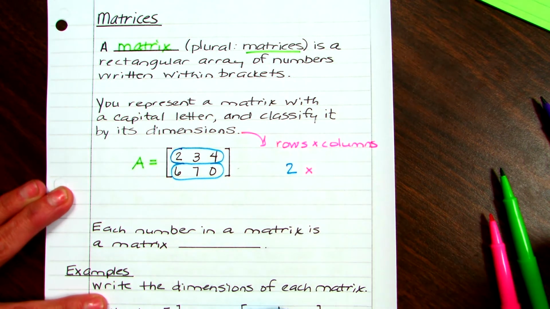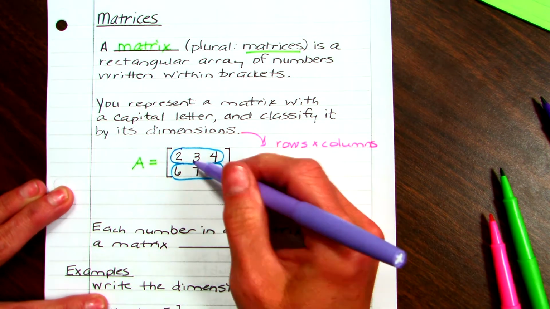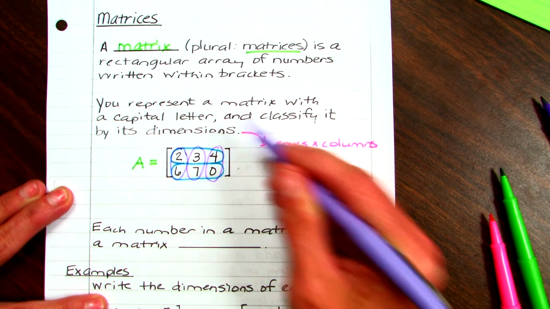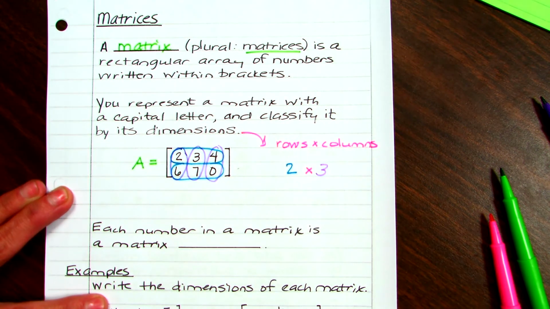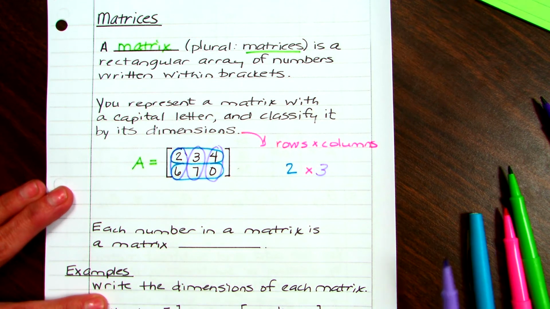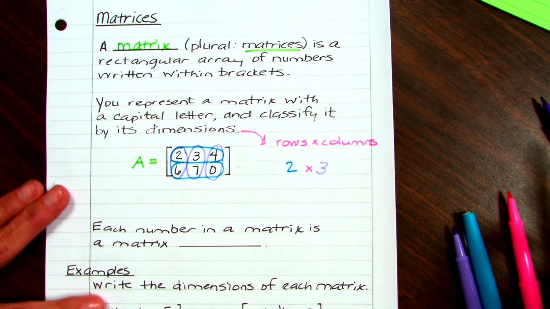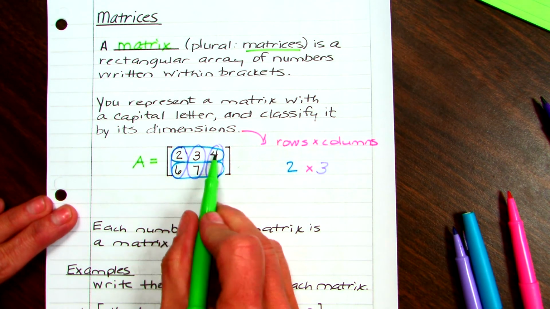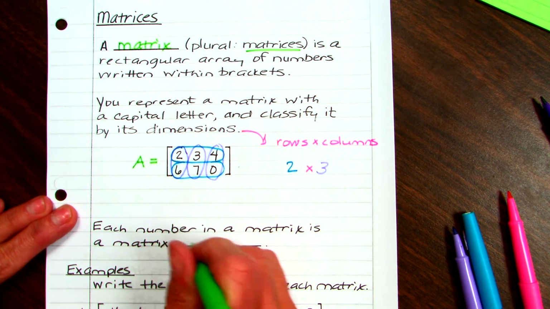And columns go up and down like columns on a house. So this is 1, 2, 3 columns. So this is a 2 by 3 matrix. Each number in a matrix, it could be a variable, but anything that's in these spots in a matrix is called a matrix element.